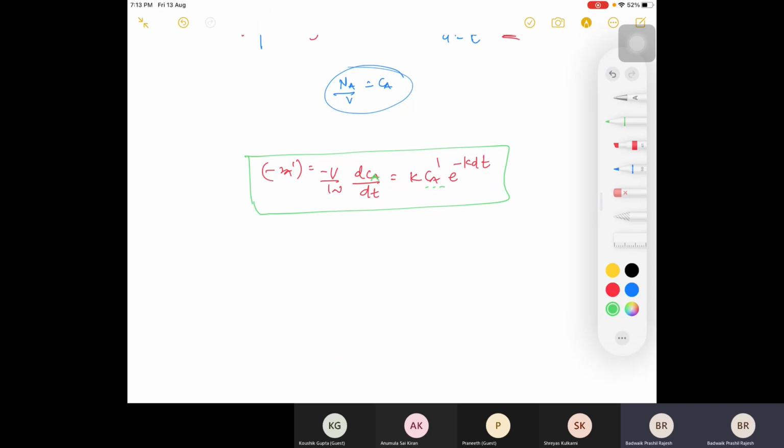Now what will be my next point? I came up with this. Can you now integrate and tell me the equation?